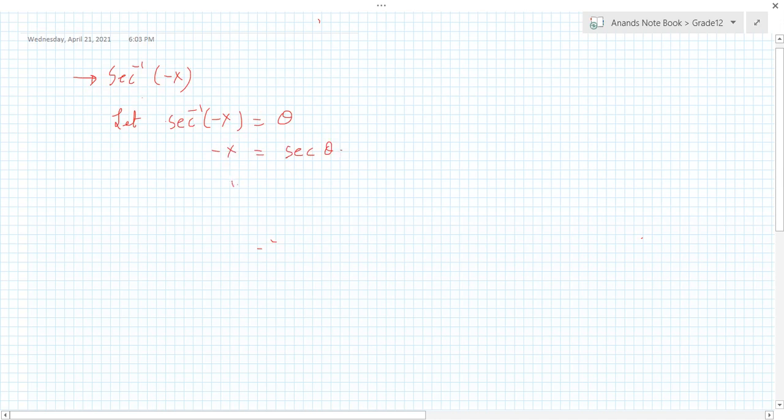And then we write x is equal to minus secant theta, and x is equal to secant of pi minus theta. Now you take the inverse again. So secant inverse of x is equal to pi minus theta, and so pi minus secant inverse of x is equal to theta. And the theta is nothing but secant inverse of minus x.